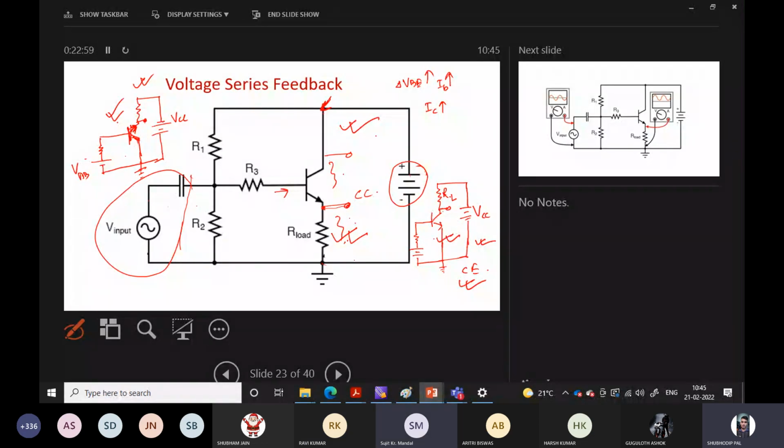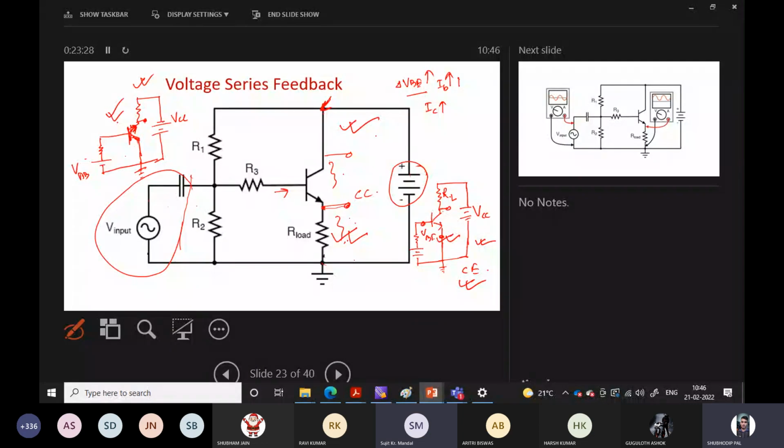If the input voltage VBE is increased, in any way a change in input voltage, then for this case will the input current increase or decrease? What is VBE here?